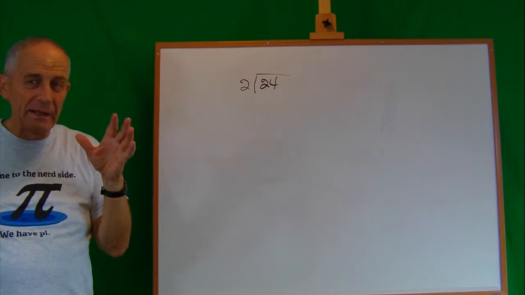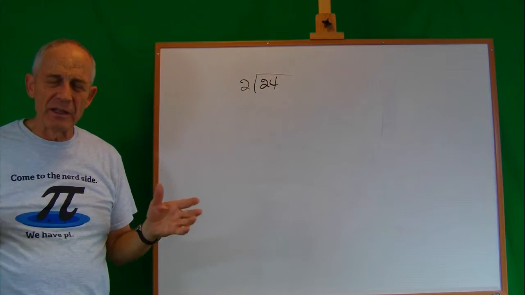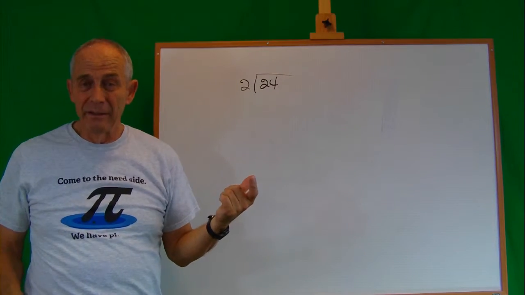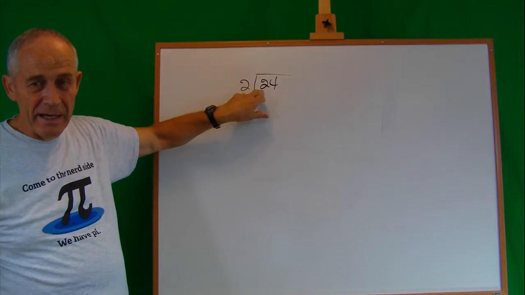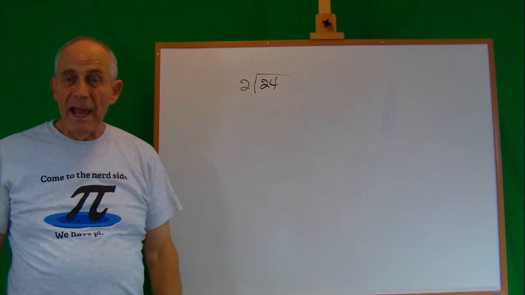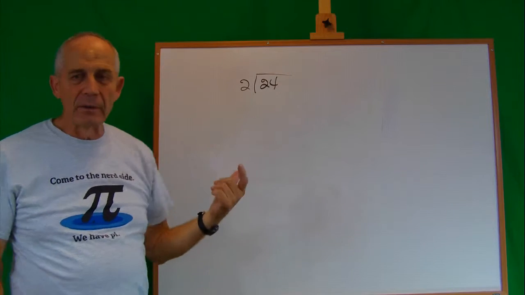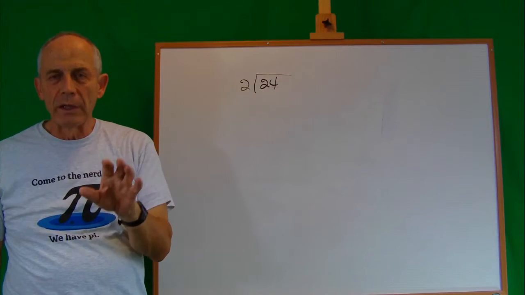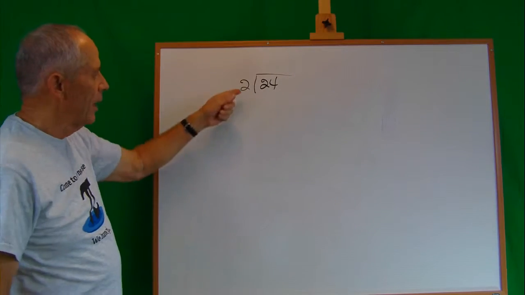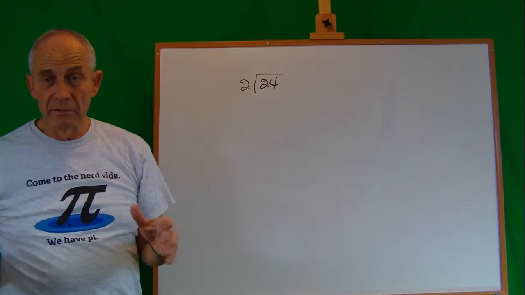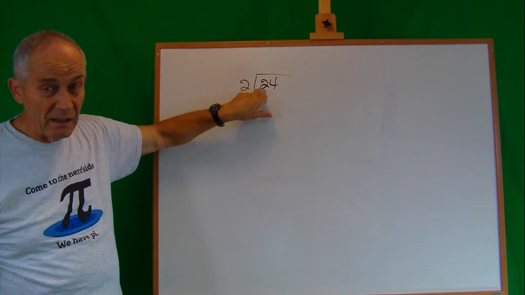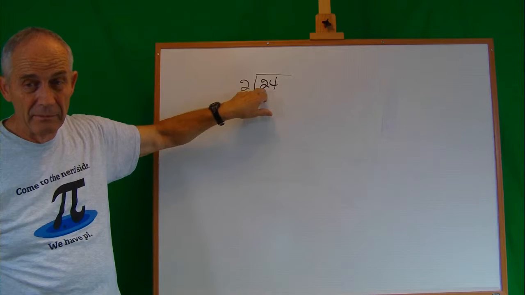Now, understanding the things that we've talked about up to this point is essential so you know what you're doing here. This 2 right here represents a 20. And so instead of having to worry about the 24, the whole thing, I can do this part of it at a time. So I'm just going to deal with the 20. I'm going to ask myself, how many times will a 2 go into this 2, which represents 20?